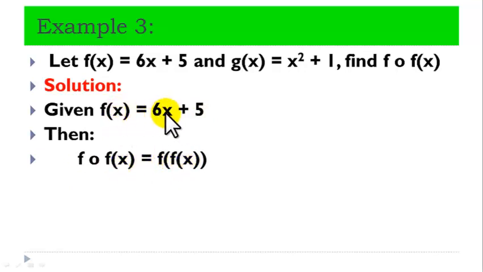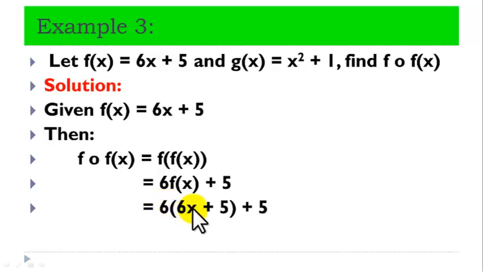That's in place of x, we put f of x. And that is 6 f of x plus 5. But f of x is still 6x plus 5, so you put 6x plus 5 here to obtain 6 into 6x plus 5, then plus this 5. When you open the bracket, this will give us 36x plus 35. That's 6 times 5 is 30, plus 5 is 35.